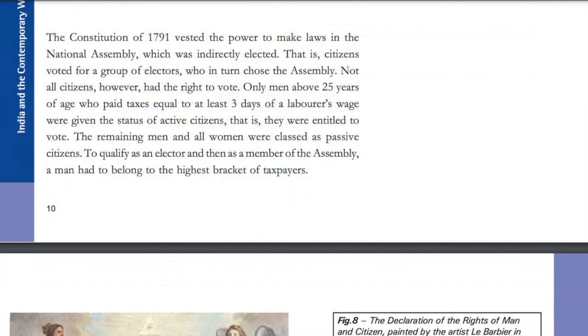So what does this paragraph tell us? That the right to vote was not given to everyone. There were passive and active citizens. Passive citizens were basically people younger than 25 years old and all women.